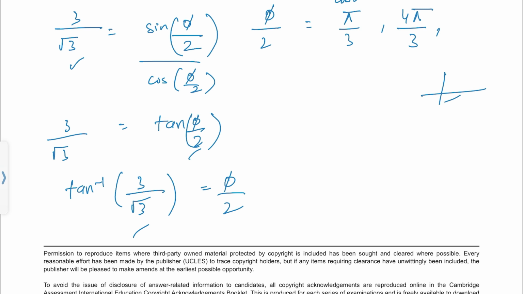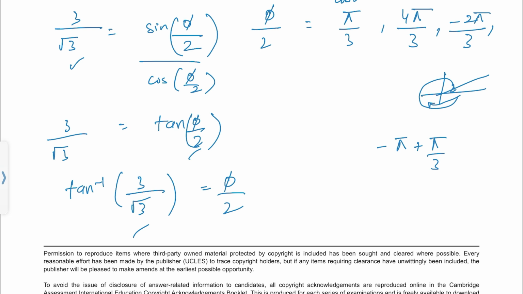So for that, we have to calculate this and then this. A negative value would be negative pi plus pi by 3, which is negative 2 pi by 3.